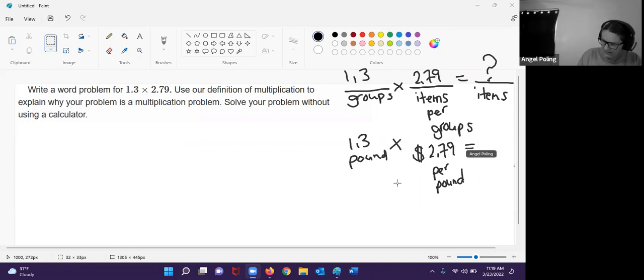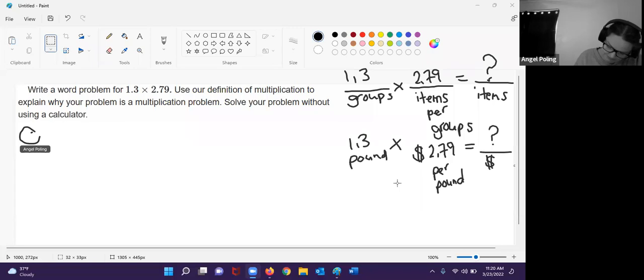And we're asking then how much money are we spending, right? So as long as we set our question up to match this equation, we'll have explained why our problem fits the definition.